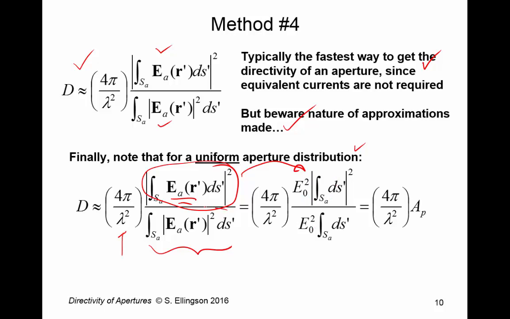On the bottom, we have a very similar looking situation, except the order of taking magnitude squared and integration are reversed. So here we still get E naught squared coming out of the integral, because it's a constant with respect to all of this, and then just this integral over the aperture. Of course, this is the area of the aperture.